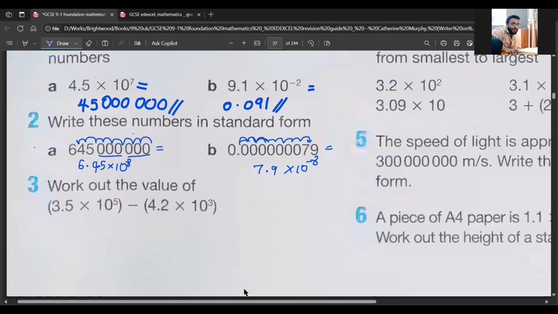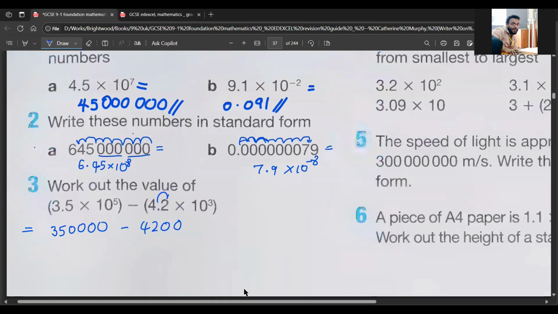First of all, we can convert these numbers to the standard form, the normal form. So here 3.5 times 10 to the power 5 should be 350,000, with 4 zeros. Here it should be 4.2 times 10 to the power 3, so 4,200, with 2 zeros. Now you can subtract them.